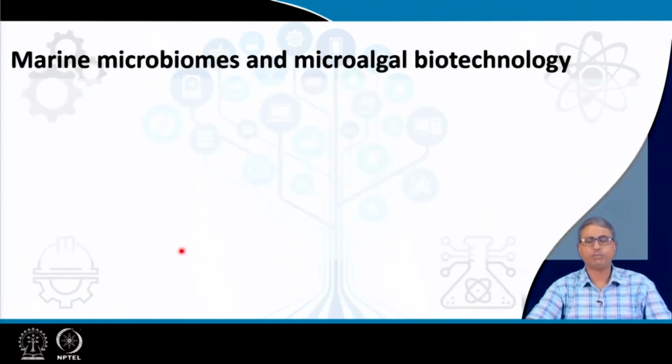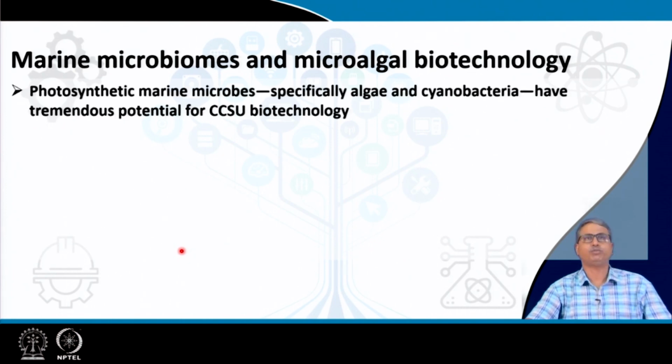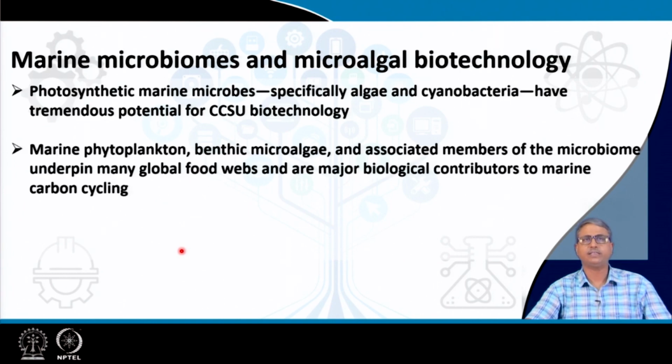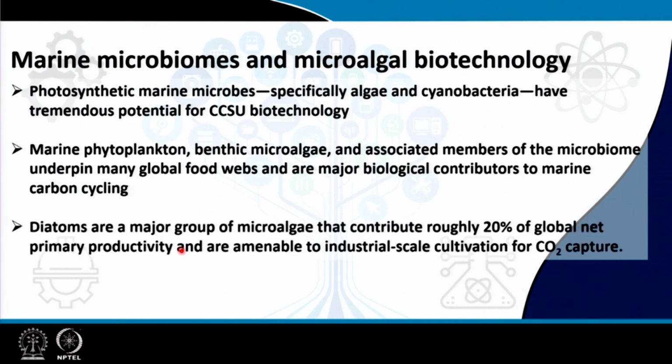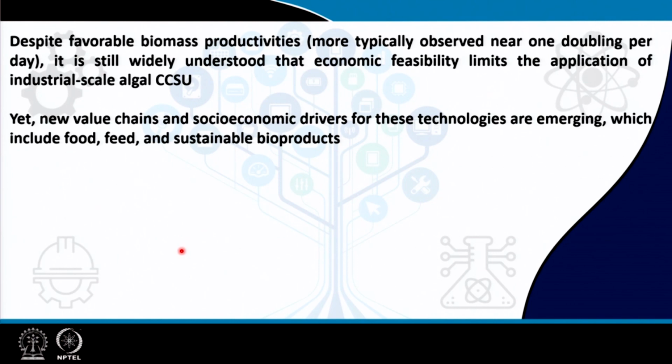Similarly, the marine microbiomes and microbial biotechnology are also gaining importance, because the photosynthetic marine microbes, specifically the algae and cyanobacteria, have shown enormous potential. Marine phytoplankton, benthic microalgae, diatoms, they are all showing huge potential, because they can contribute to 20% of the global primary productivity, for example.